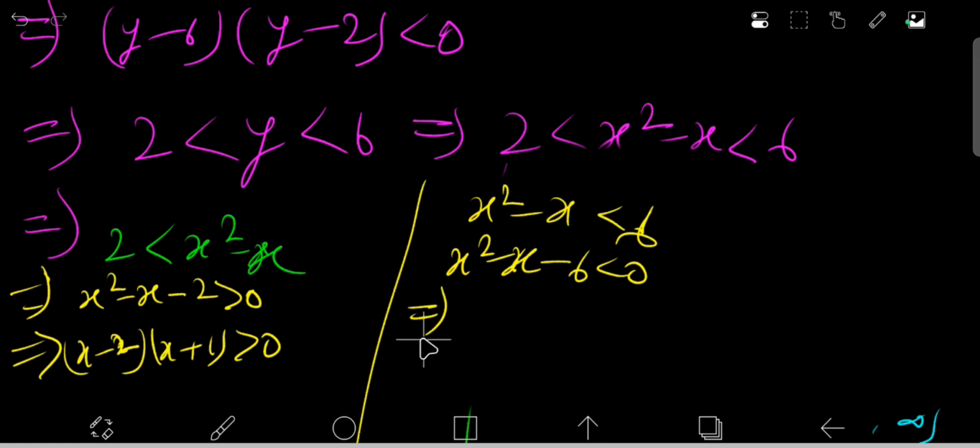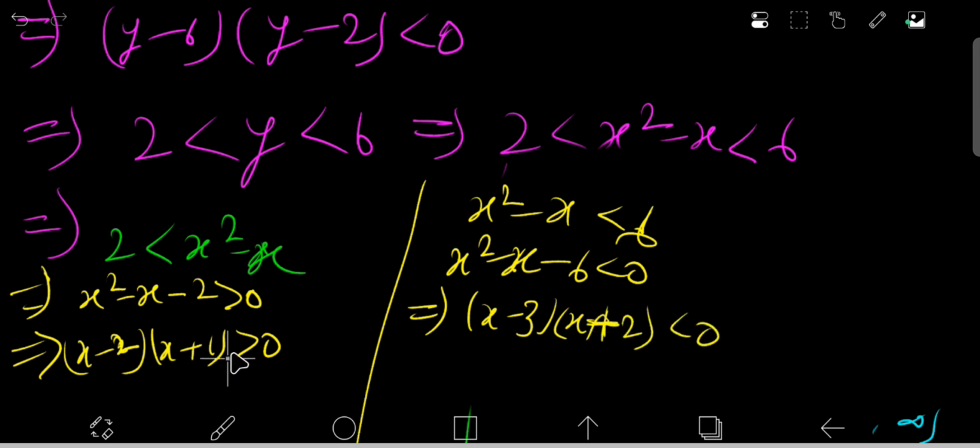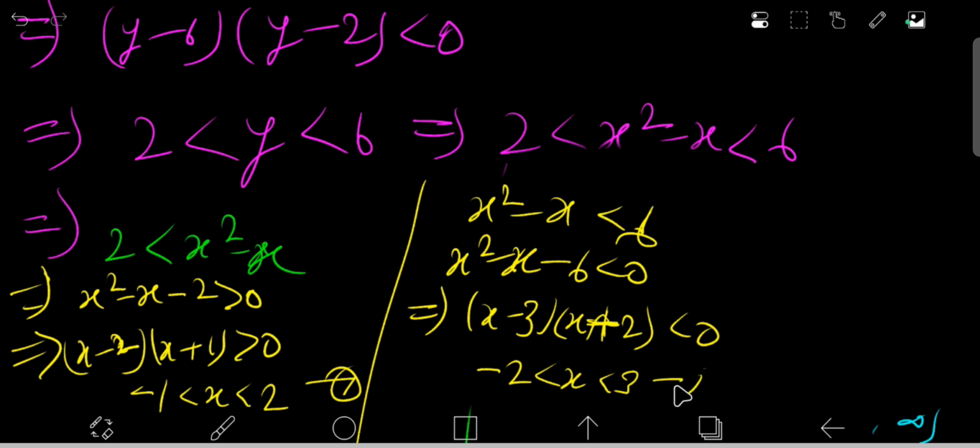Factorizing gives x minus 3 and x plus 2 less than 0. This is inequality 1 and this is 2. From this side x belongs to from minus 1 to 2, and this side x lies between minus 2 to 3.